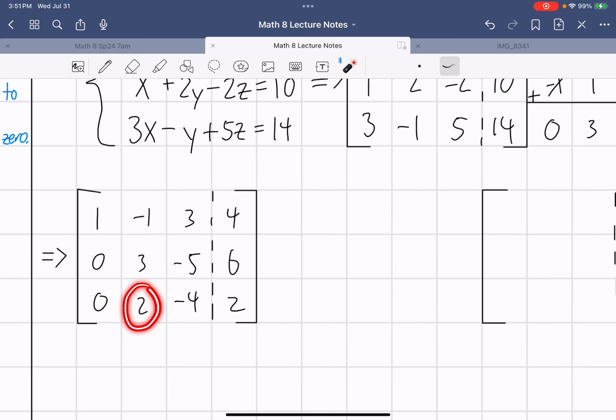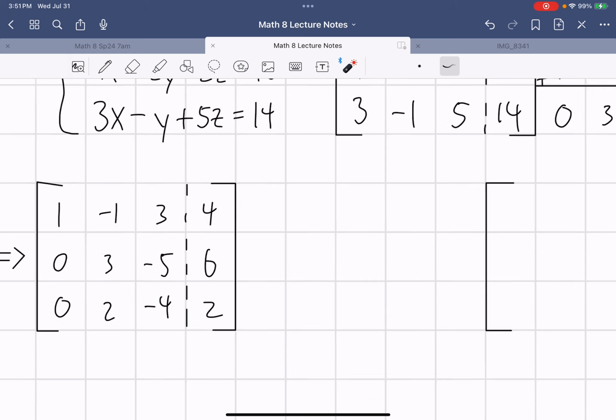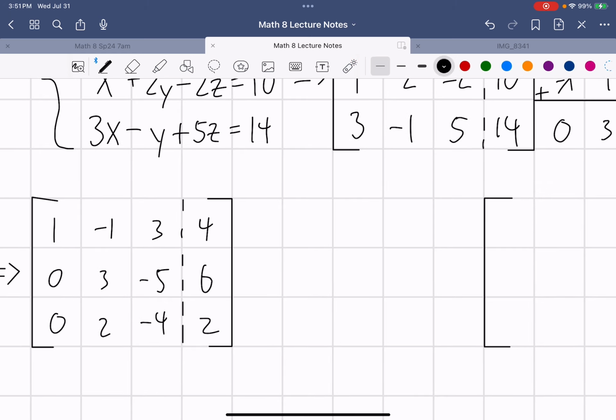Now I just need to eliminate this next 0, this next third row, second column entry. And I'm going to do that by multiplying row 3 by 3 and multiplying -2 to row 2 to give me my new row 3.